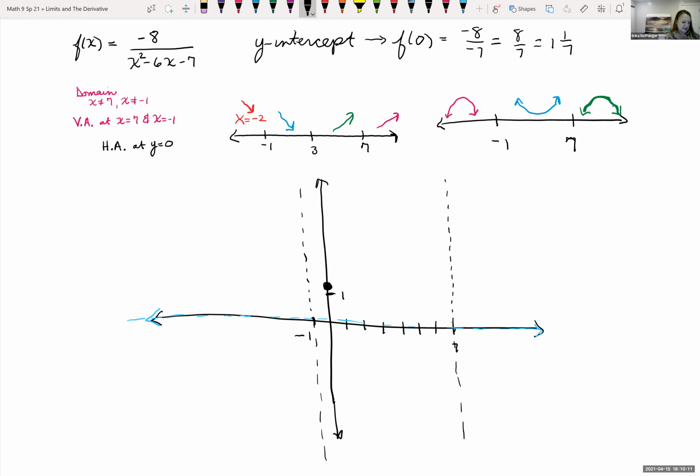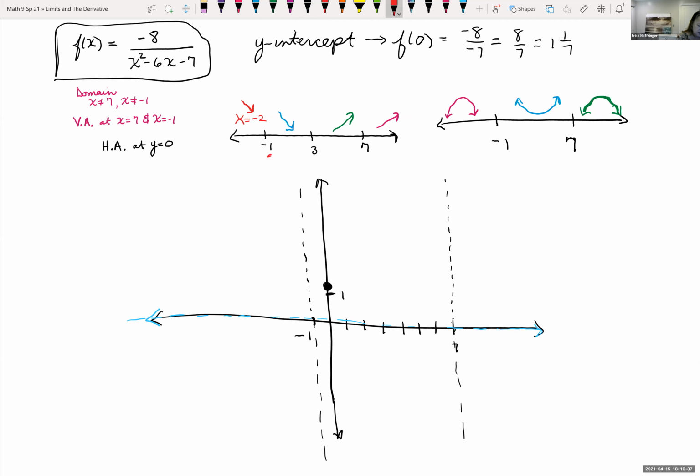So we know it's decreasing. It's never crossing the x-axis, and it's concave down. Well, if it's decreasing, I know it's not crossing the x-axis because there's no time when my numerator equals 0. There's no way that it could be above the x-axis. It'd have to be below the x-axis.